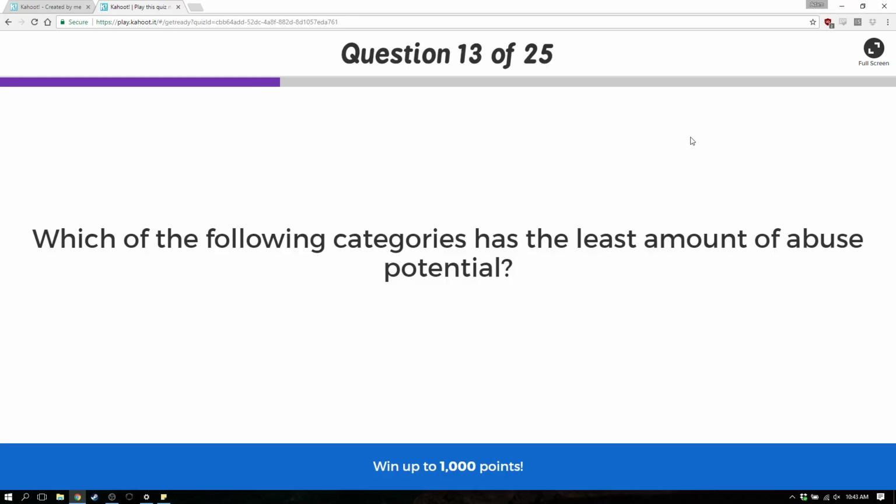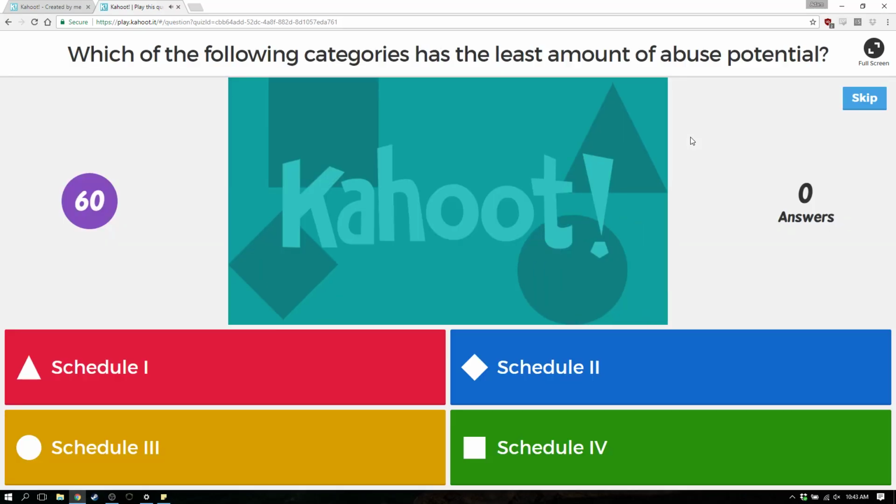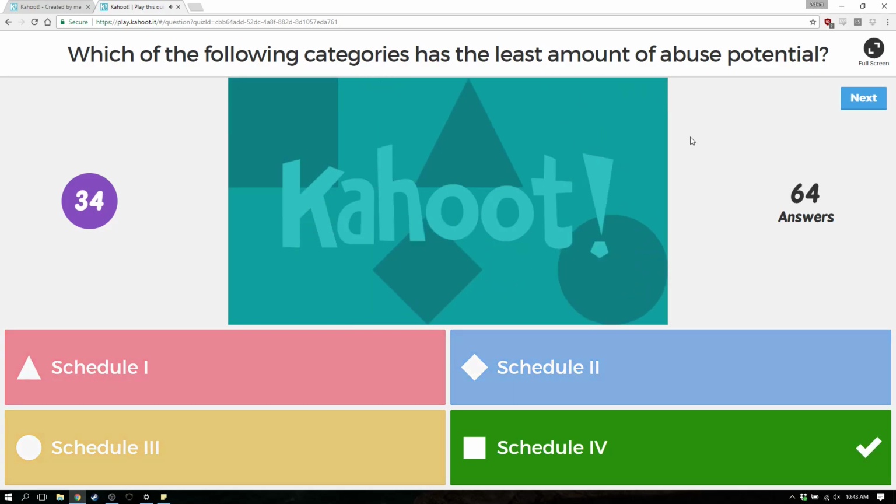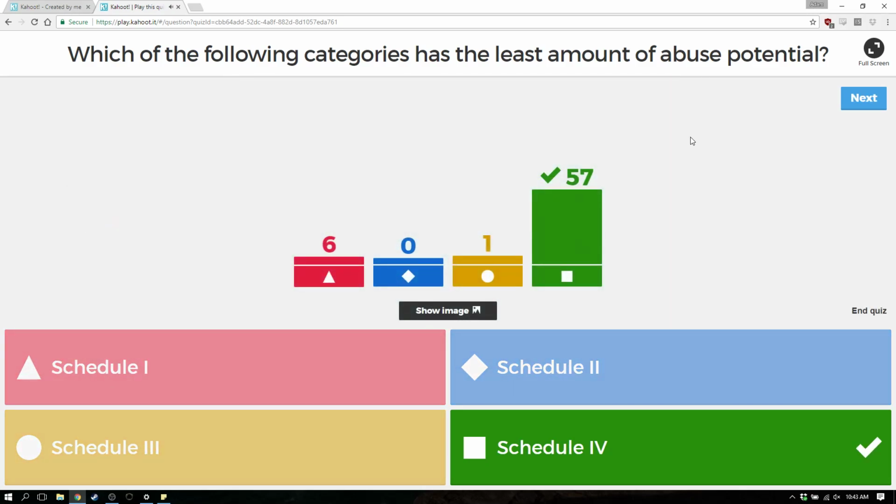Which of the following categories has the least amount of abuse potential? All right, Schedule 4 substance.